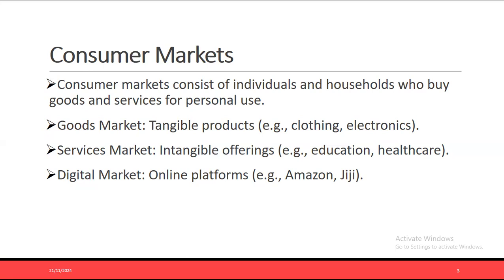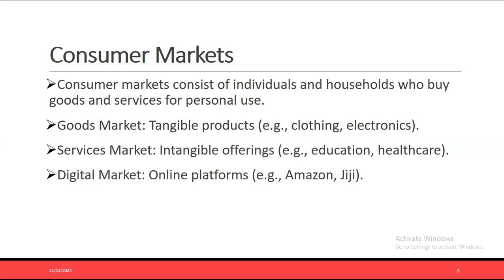We can have the goods market, where we refer to tangible products like clothing, electronics, and furniture. Or we can have the service market, where you refer to those who purchase intangible offerings like the provision of education and the provision of health care.